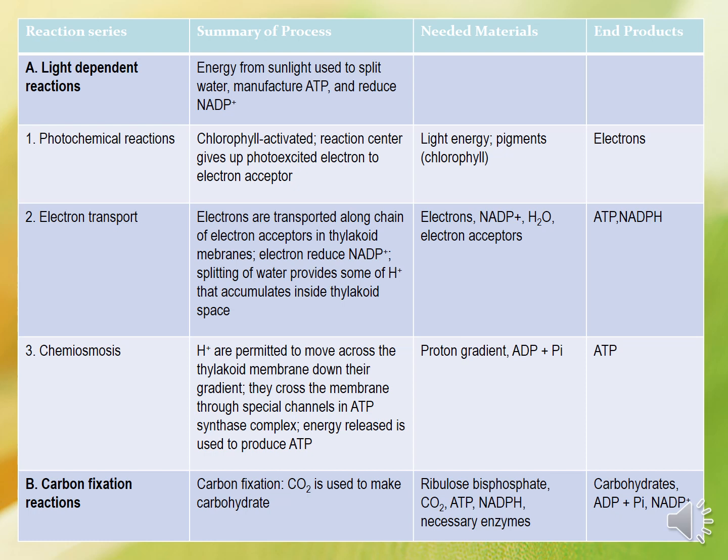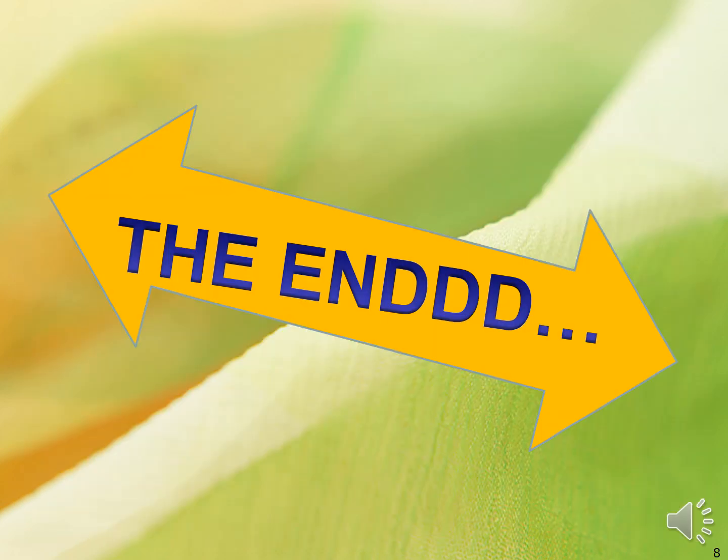They also produce ADP plus inorganic phosphate and NADP plus, because they use the ATP and NADPH, so they regenerate ADP plus Pi and NADP plus, and give these back to the light dependent reaction. So that's all for this.